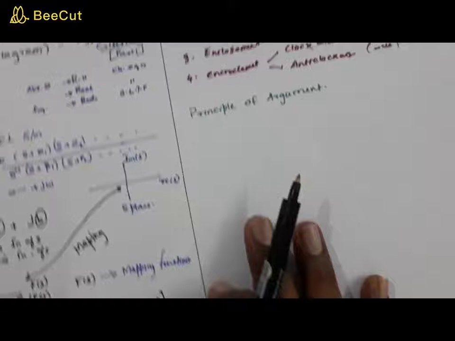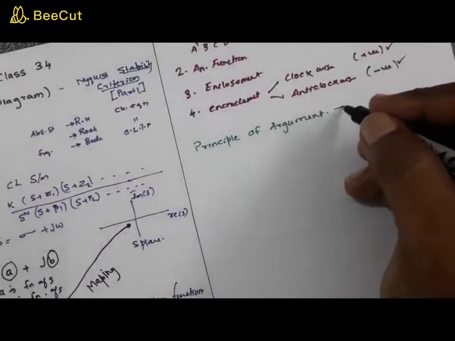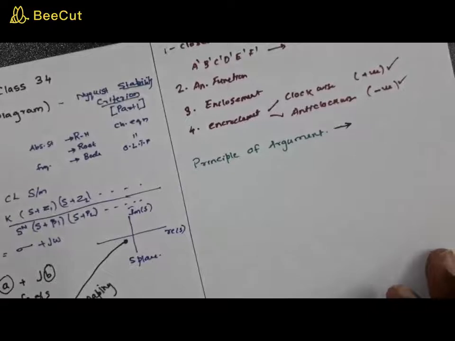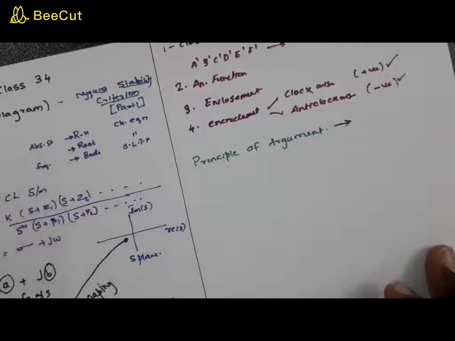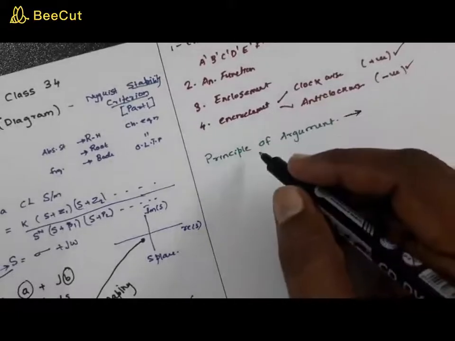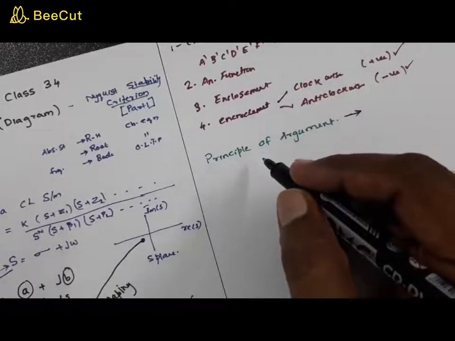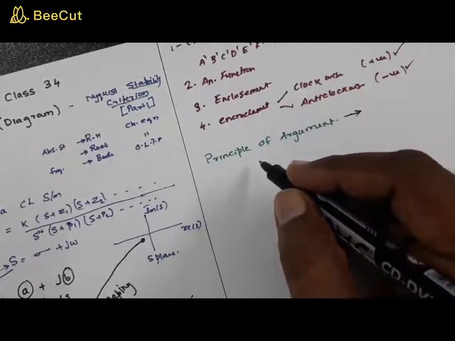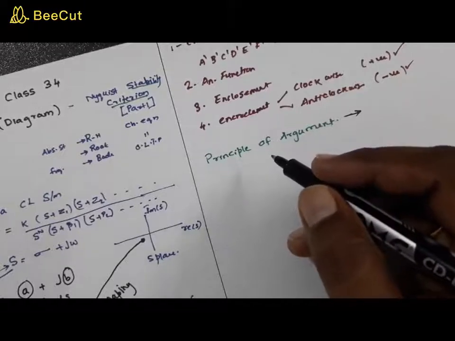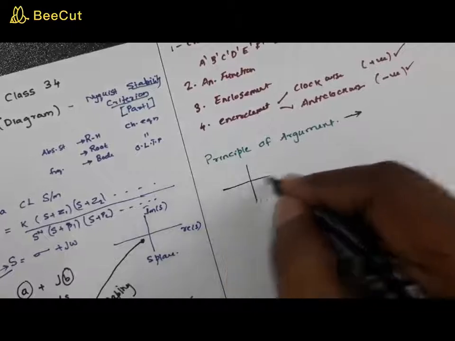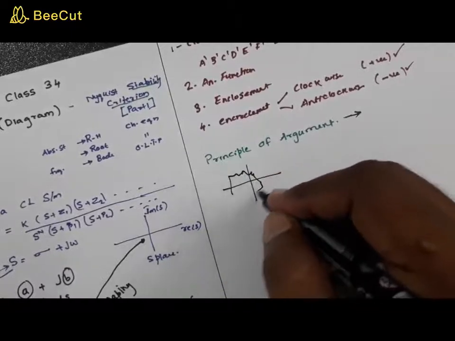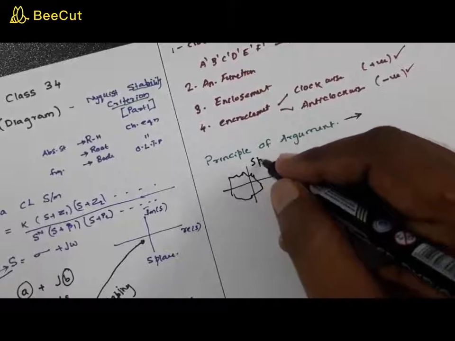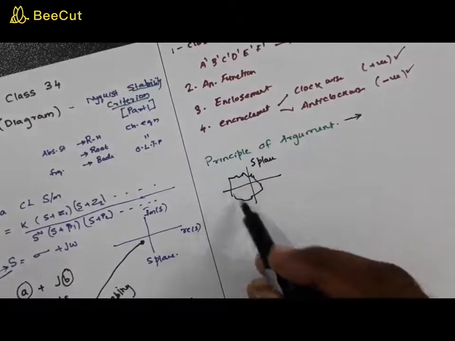Now the other point is the principle of argument, which is the basis of the Nyquist stability criterion. What does the principle of argument mean? For any chosen closed contour in the S plane, imagine this is your S plane, and it has a contour.